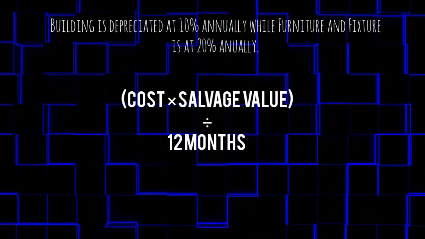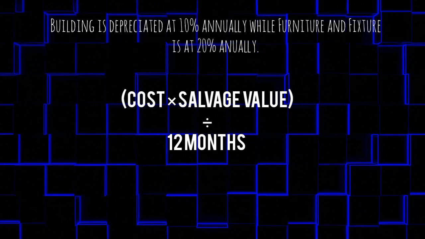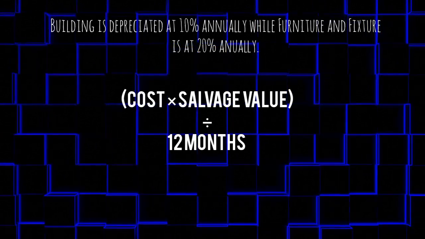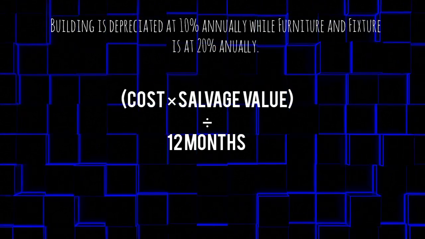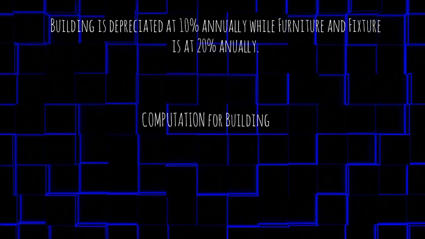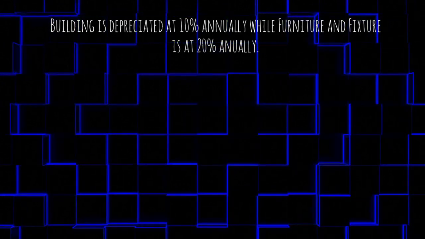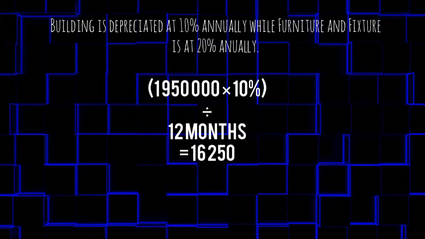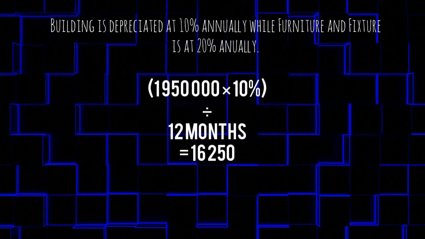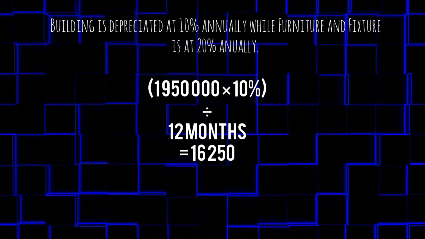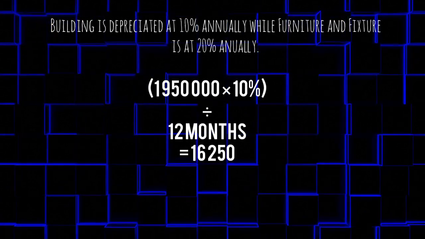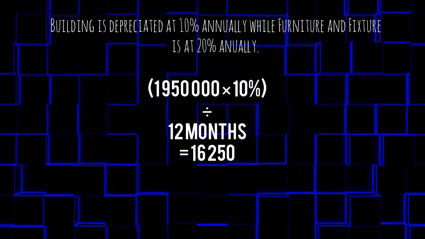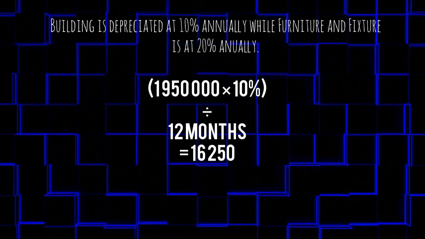For building, we will multiply the cost of the building to the annual depreciation and divide it by 12 months. So the cost of the building from the preliminary trial balance is 1,950,000. Multiplied by its annual depreciation, which is 10%, that would equal 195,000.